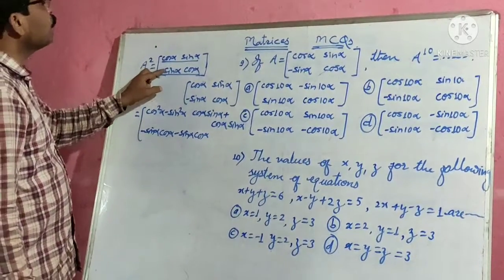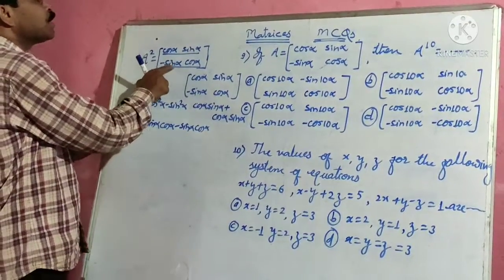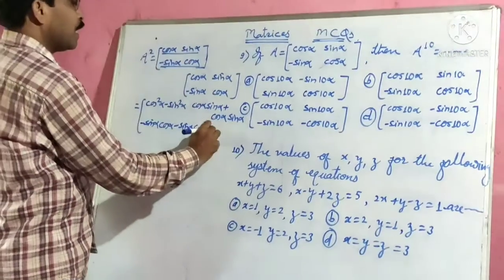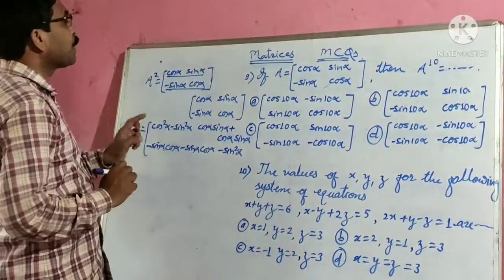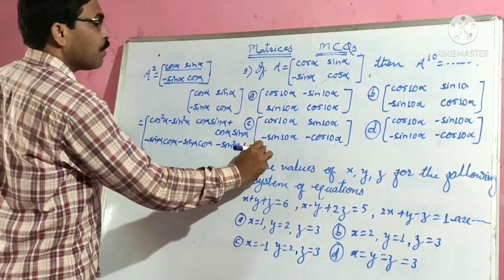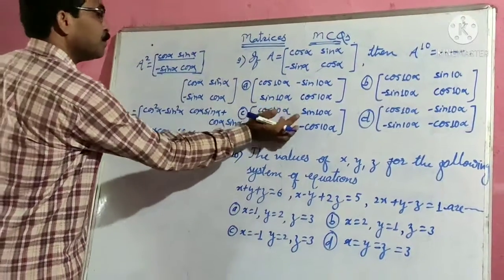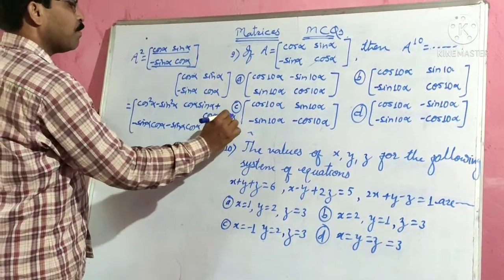Again, second row into second column, minus sin of alpha into sin of alpha, which is minus sin square of alpha. Again, cos of alpha into cos of alpha, plus cos square of alpha.